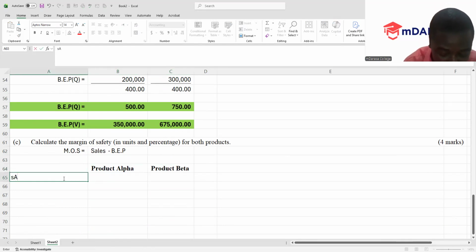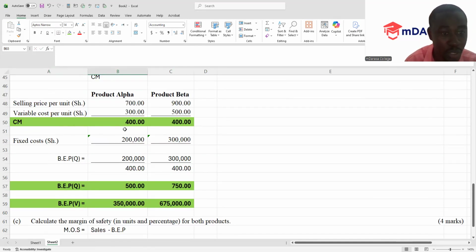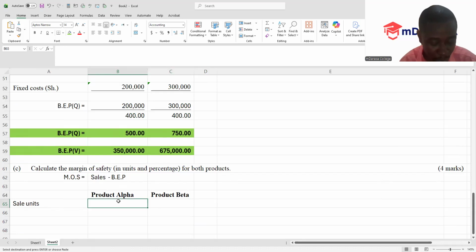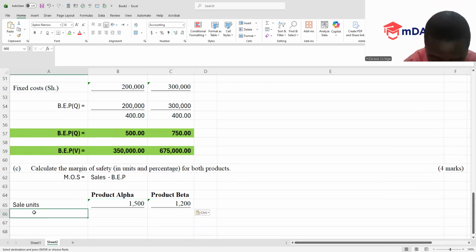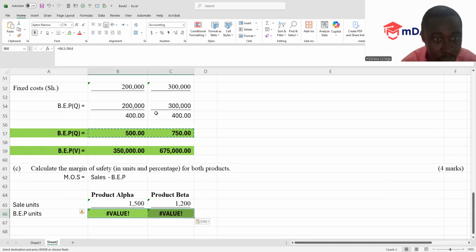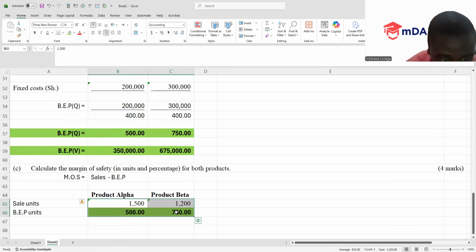So we have our sales units, which we take directly as given. We have break-even point units, BEP units, which we had worked out, so we come and take them.